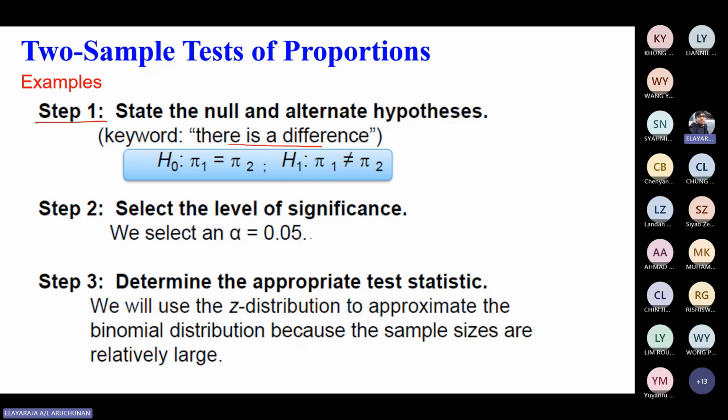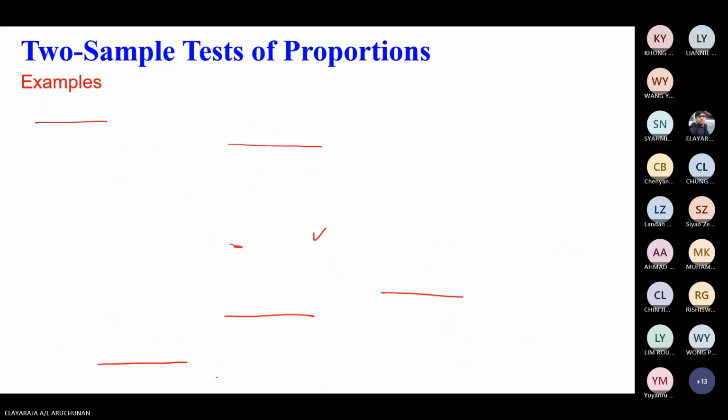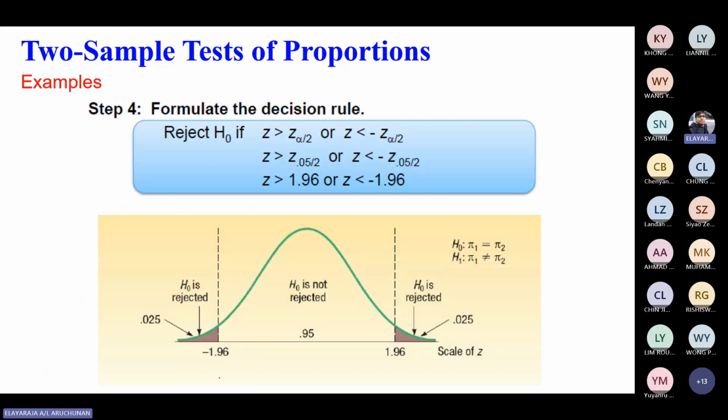Second step, we set the significance level, which is 5%, which is 0.05 for the alpha value. Then the third step, we determine the appropriate test statistic. We use the Z distribution to approximate the binomial distribution because the sample sizes are relatively large. So yes, we have to use the Z distribution.